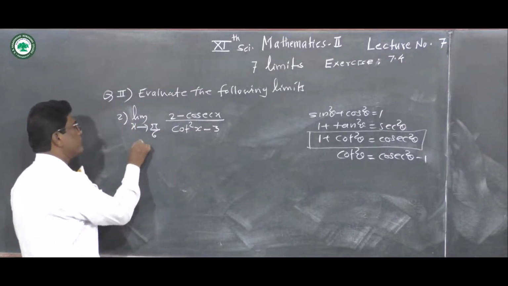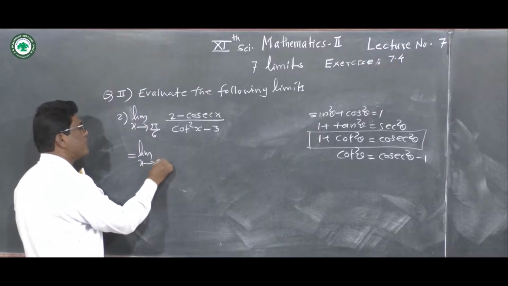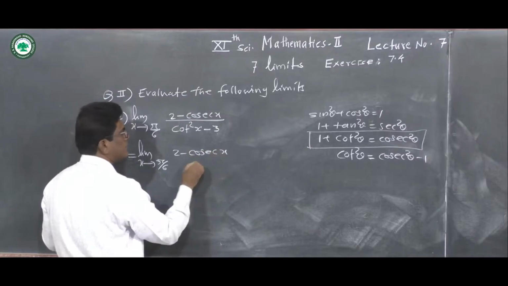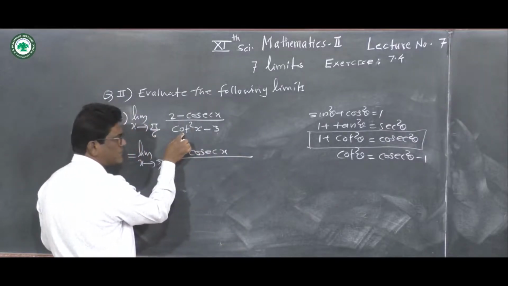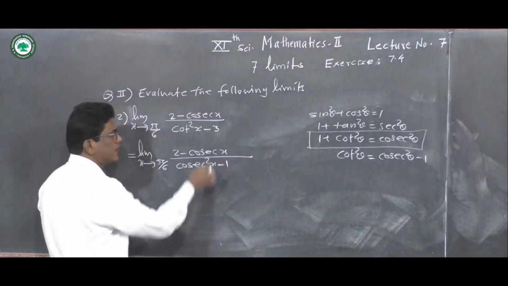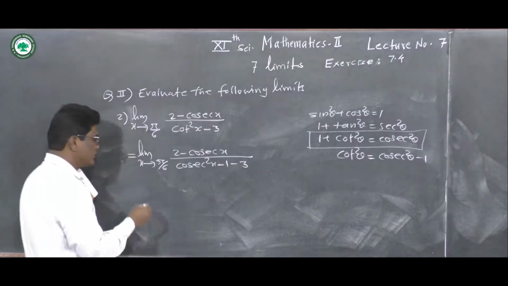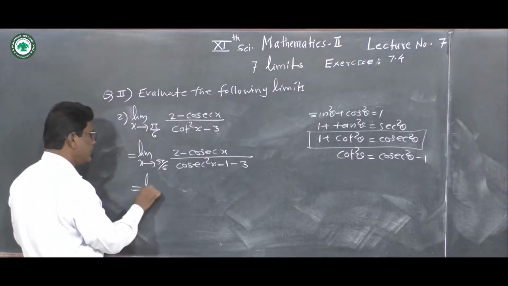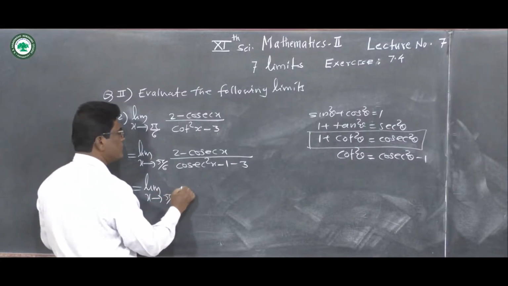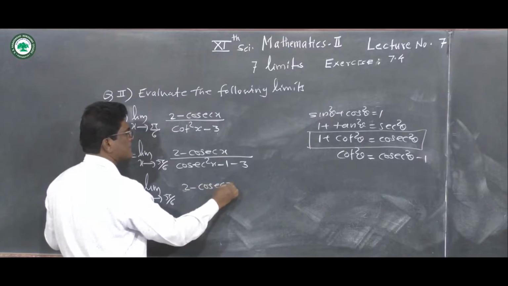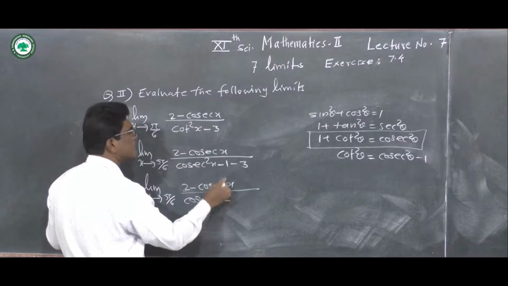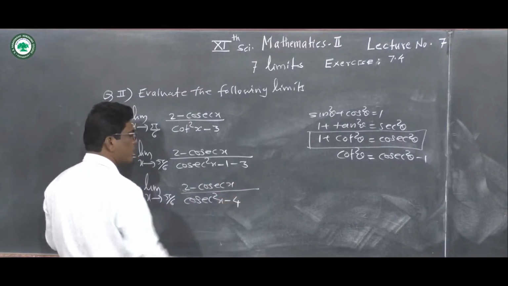So it is equal to limit as x tends to pi by 6 of 2 minus cosec x divided by, replacing cot square x by cosec square x minus 1, and this minus 3 as it is, so cosec square x minus 1 minus 3, that is cosec square x minus 4.